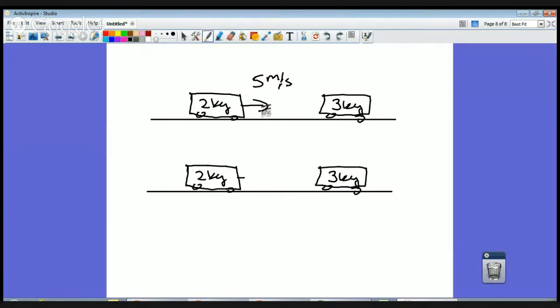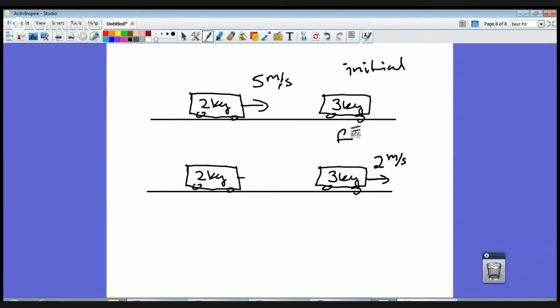All right, so I'm going to say that they do not stick together, that this one goes off in this direction with a speed of, I don't know, let's call it 2 meters per second. So the question would be, so this is the initial, right?